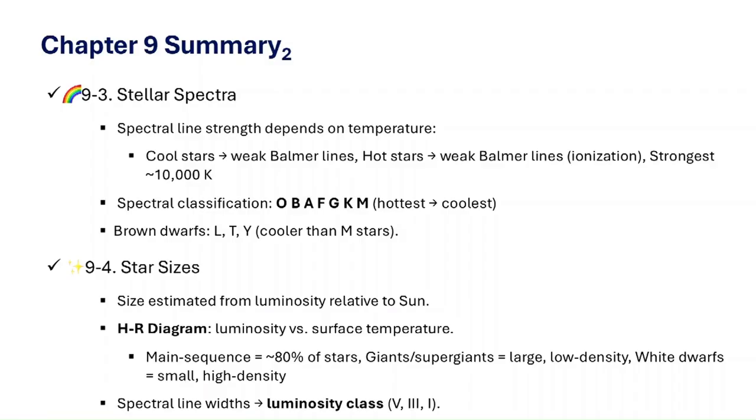Giants and supergiants are much larger and have low density atmospheres, while white dwarfs are small and extremely dense. And spectral line widths also help classify stars into luminosity classes: 5 for main sequence, 3 for giants and 1 for supergiants.